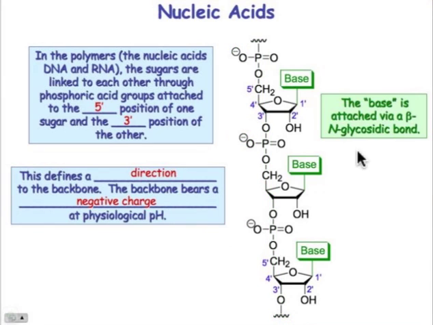Now, there's the base that's attached to the 1' position, and I forgot to mention why we call these 1' once the base is attached. Once the base is attached, the dominant numbering goes with the base.